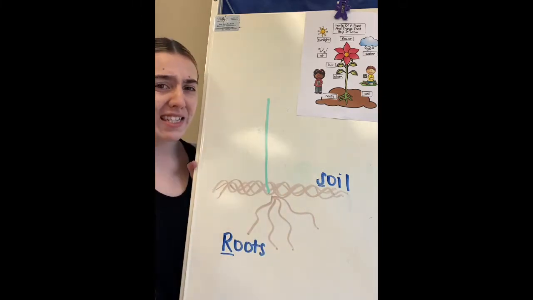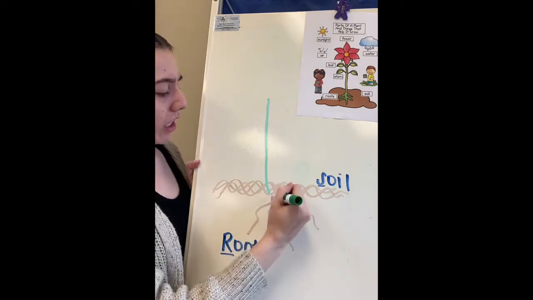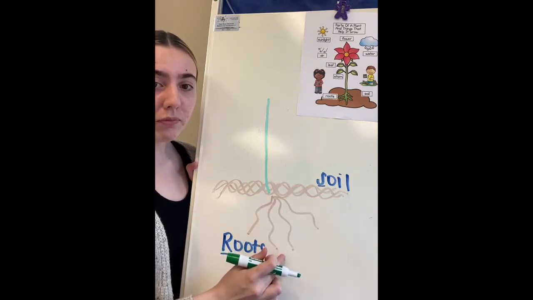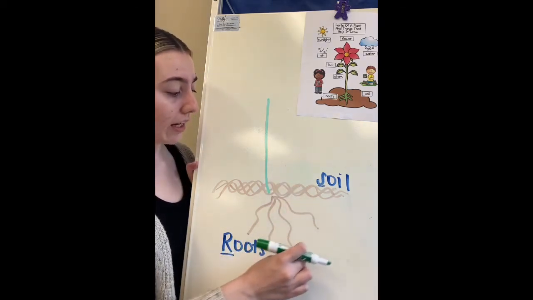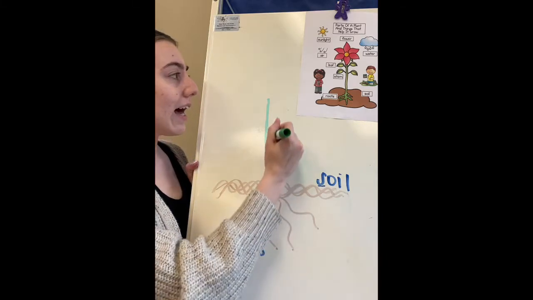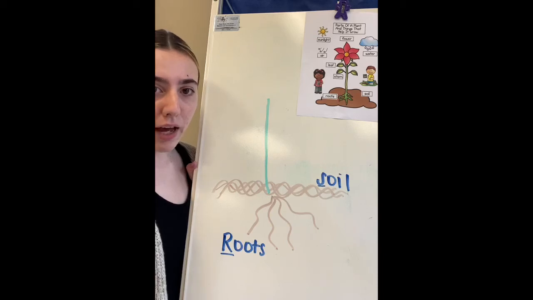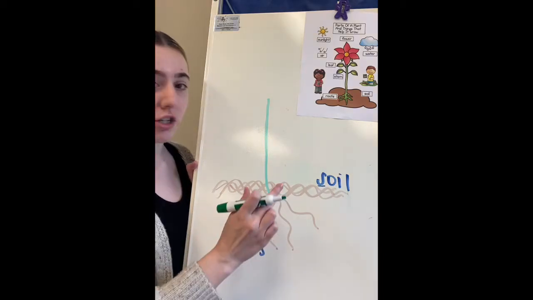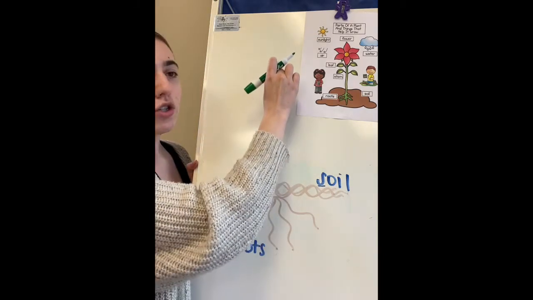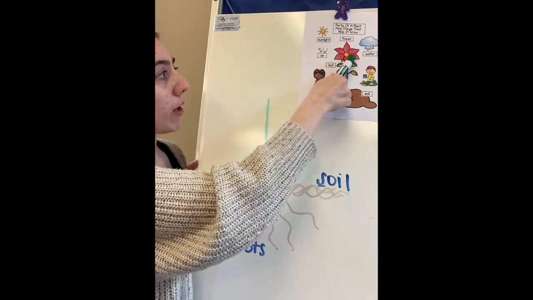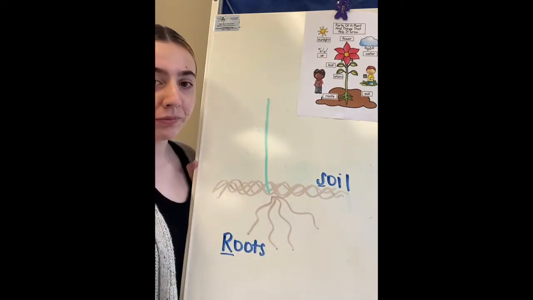So think of it as a slide. It carries it from the bottom, the roots, or the one that carries the water, and it slides all the way to the top to our flower. So that's what it does. It carries the water all the way up to our other part of the flower.